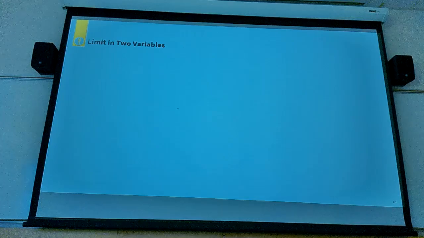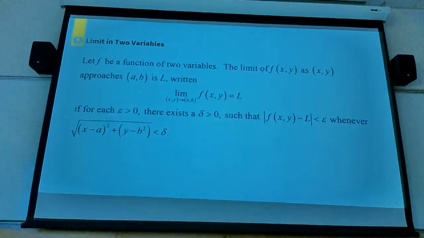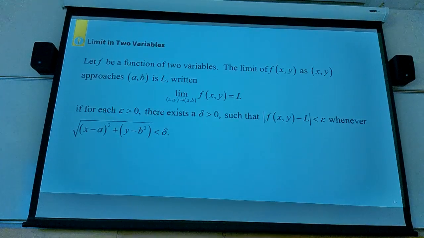Two-variate limits. This is where the fun begins. Here's the official, formal definition. Let f be a function of two variables.